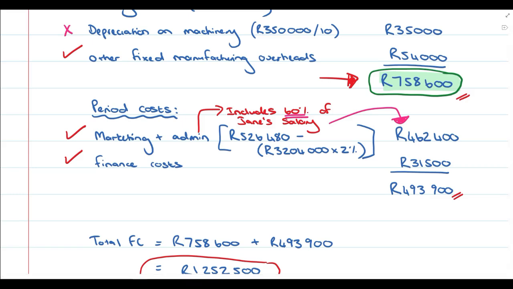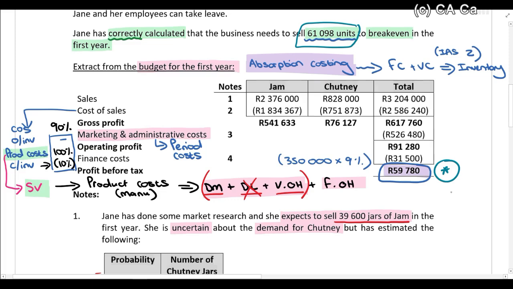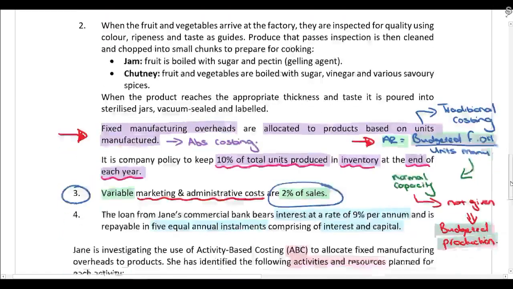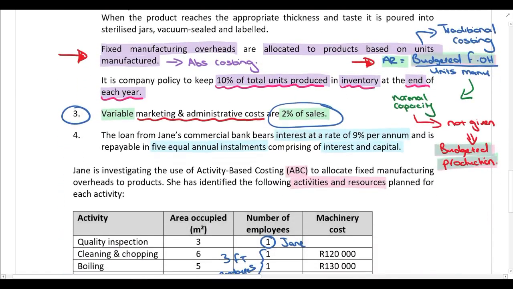When it comes to the loan, the company is not only paying finance costs. So there we have the finance costs on the loan. The company is not only paying finance costs in the first year. They also need to pay some capital on this loan. Because in note 4, you were told that the loan bears interest at a rate of 9% per annum and is repayable in 5 equal annual installments comprising of interest and capital.